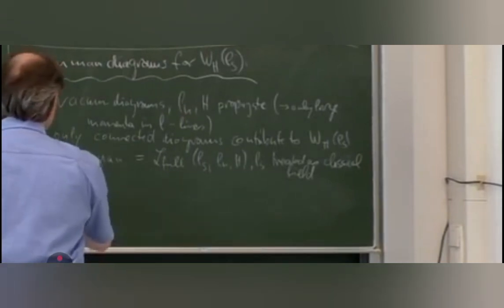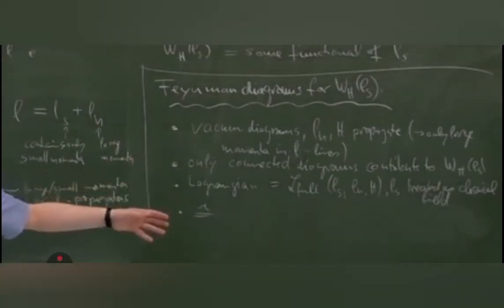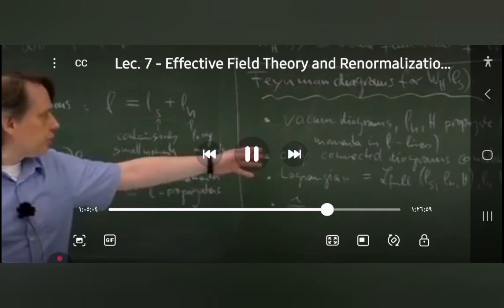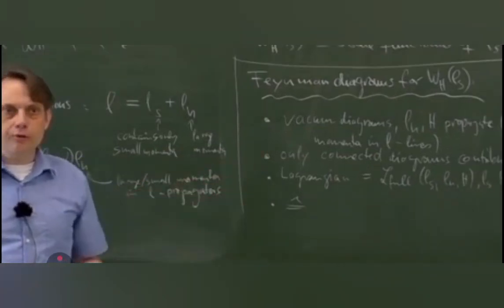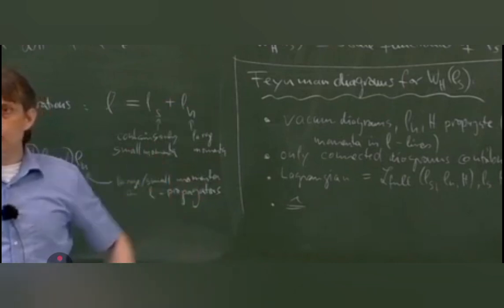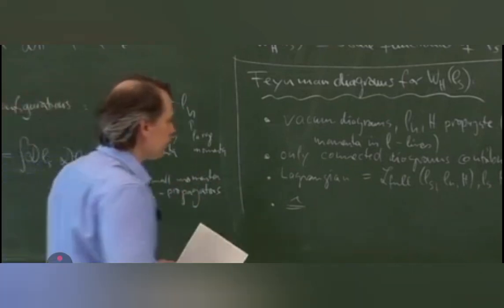And if you treat this LS just as a classical field, then it appears as a factor at some vertices. So you could say it behaves like an external field in the diagrams. It can only appear as an external field. It is attached to some vertices, but it cannot propagate. There is no propagator corresponding to the LS.